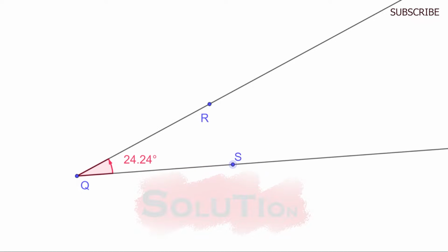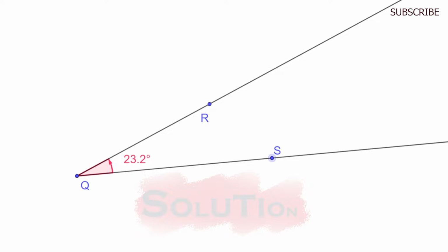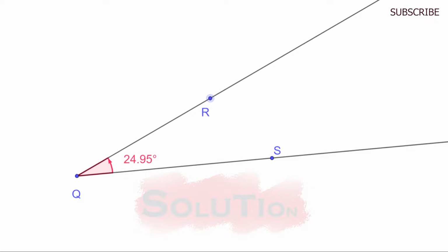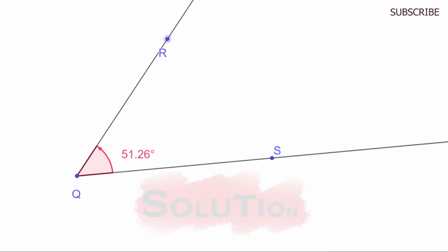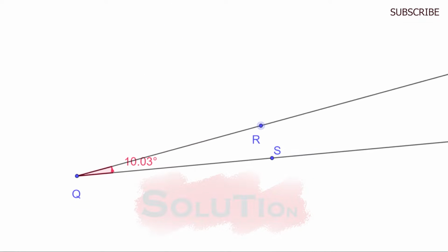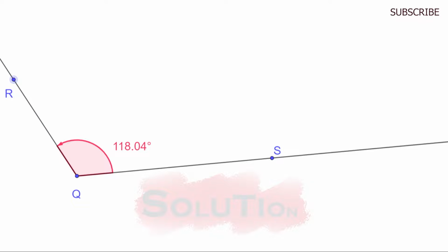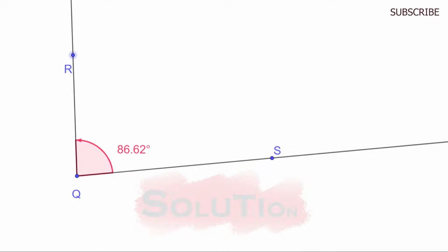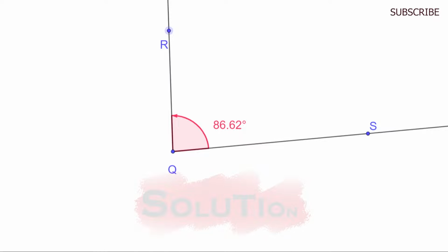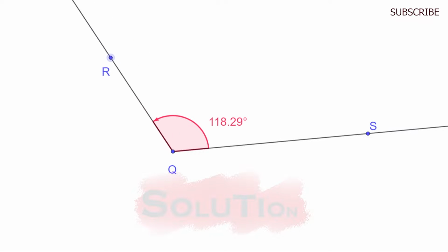When two rays come out from a single point, here Q, one angle is formed and one corner is formed. That is known as an angle. I can move the ray and I can get different angles.